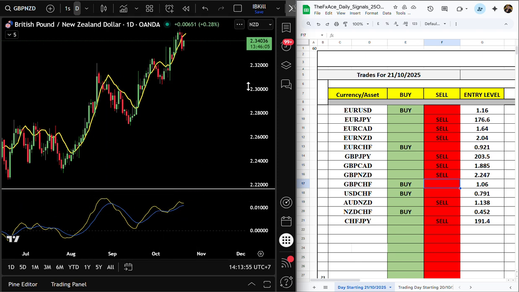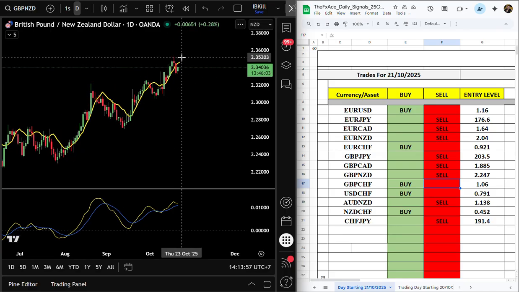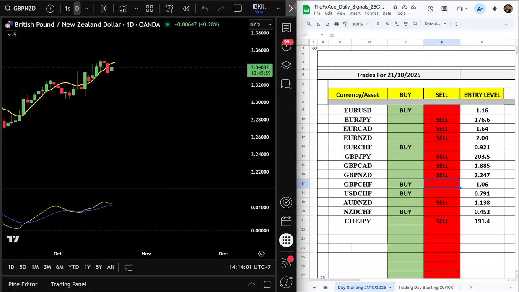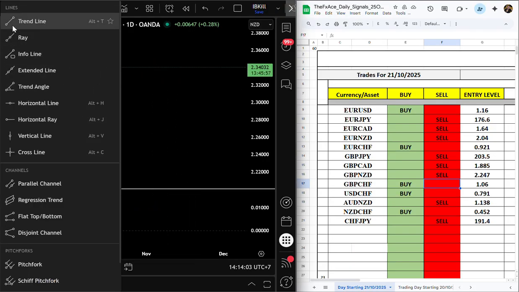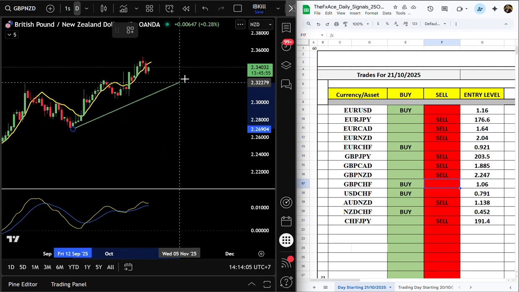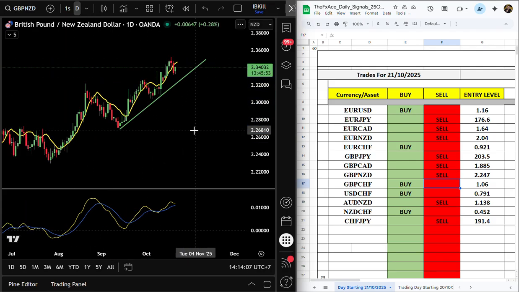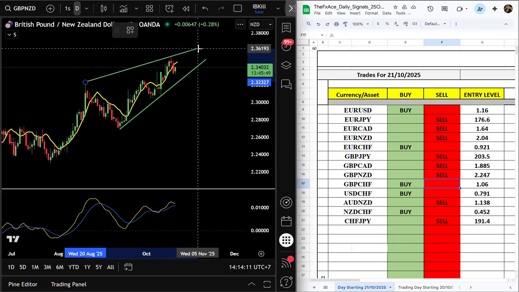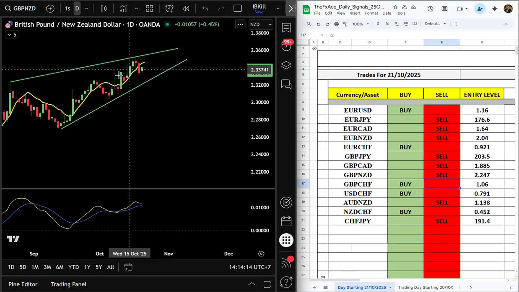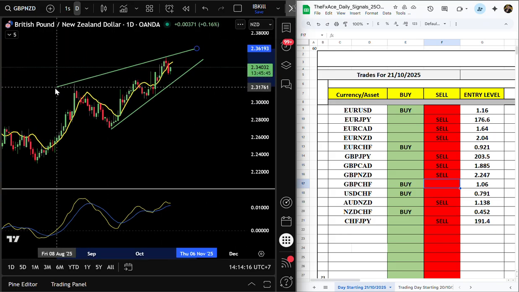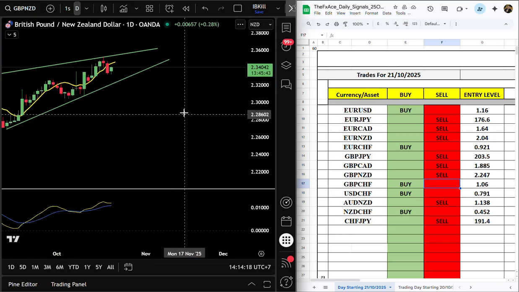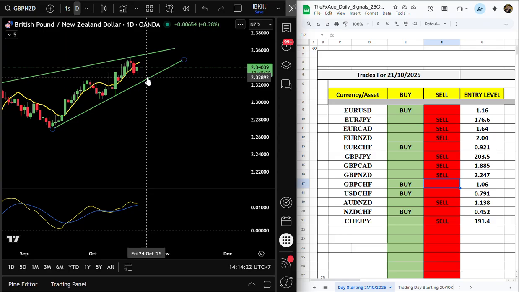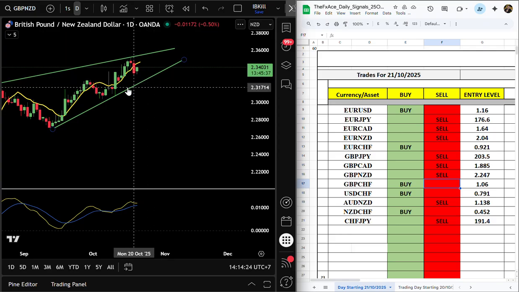We had a new high printed last week at 235. We have a daily trend there, and an upper trend line there. What I suspect is it will move down towards this lower trend line.